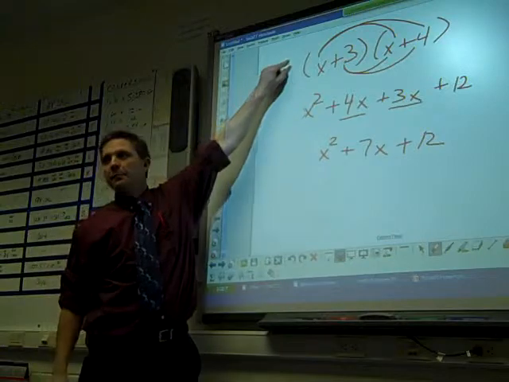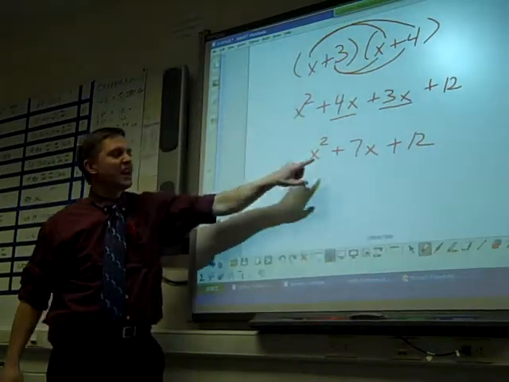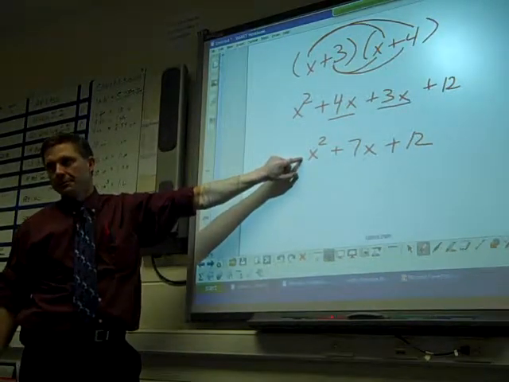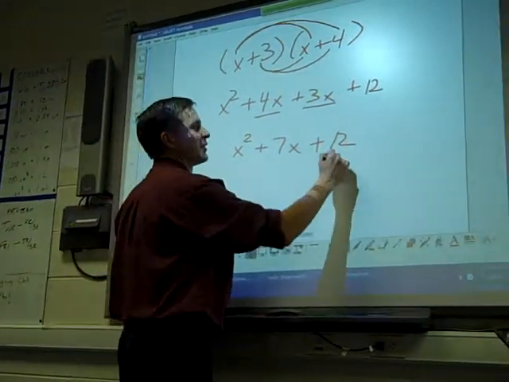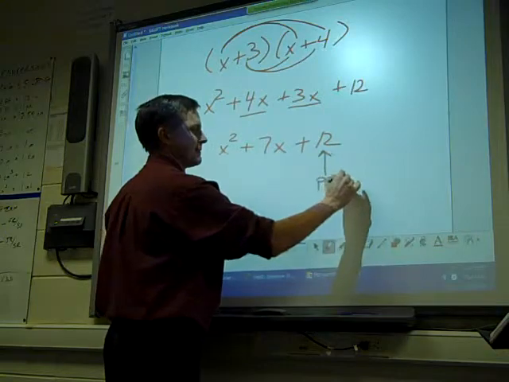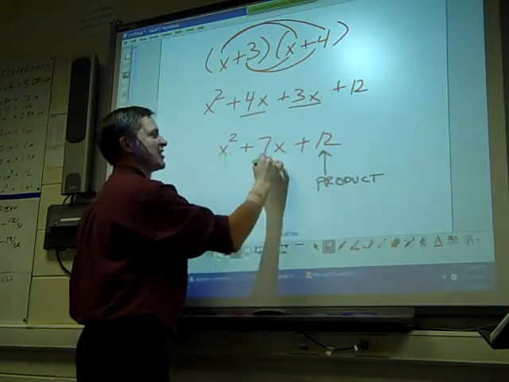So the top two binomials multiplied are the same as the trinomial at the bottom. So when we look at this, we have to remember this is the product and this is the sum.